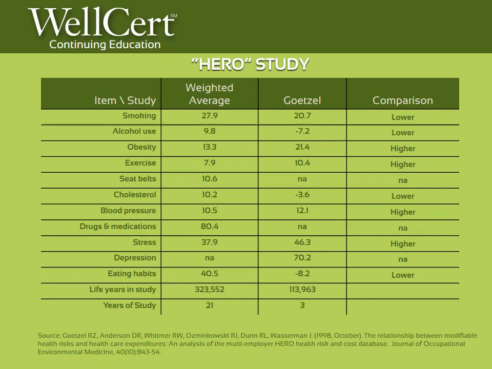So that gives us a pretty large population and allows us to look at the percentage. The basic idea here is that we're getting, again, confirmation that there's a relationship between risk factors in populations and higher healthcare costs.